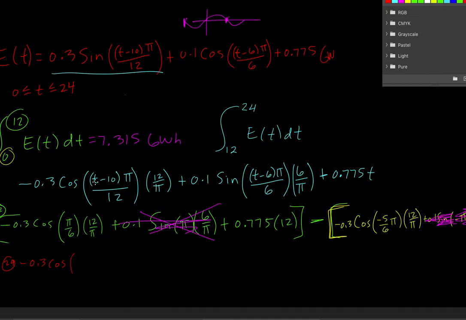If we plug in 24, 24 minus 10 is 14, and then that's going to be 7/6 pi. And we still have that. Okay, and then sine, plug in a 24 minus 6 is 18, so that's just going to be 3 pi.